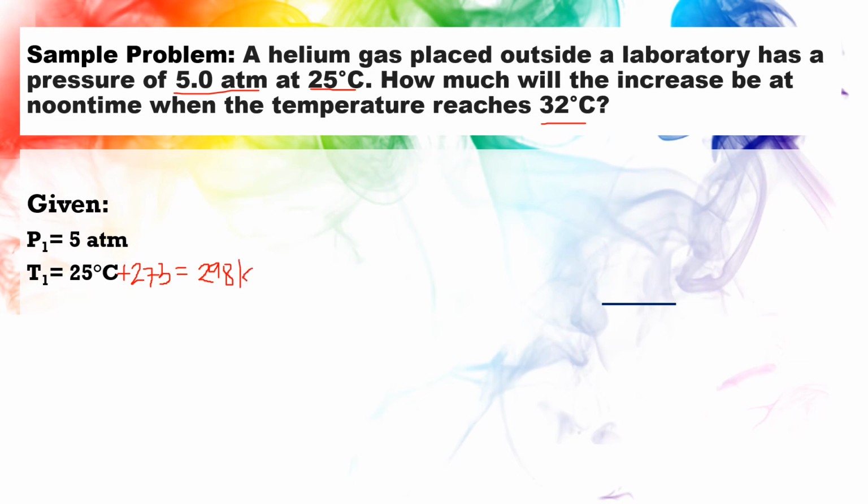And then our final pressure is the unknown, and the final temperature is 32 degrees. Again, plus 273 to convert it to kelvins. So 273 plus 32 will give you 305 kelvins.